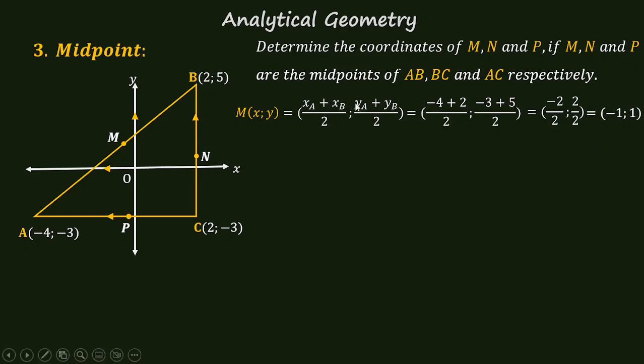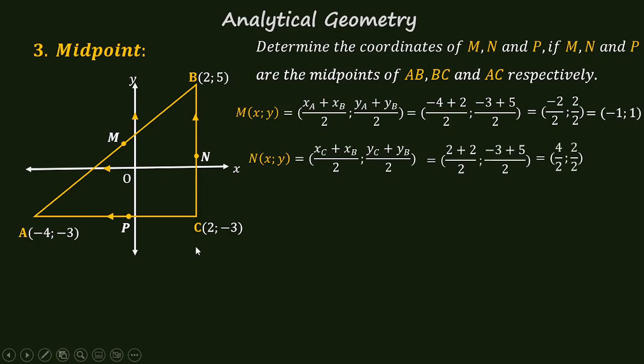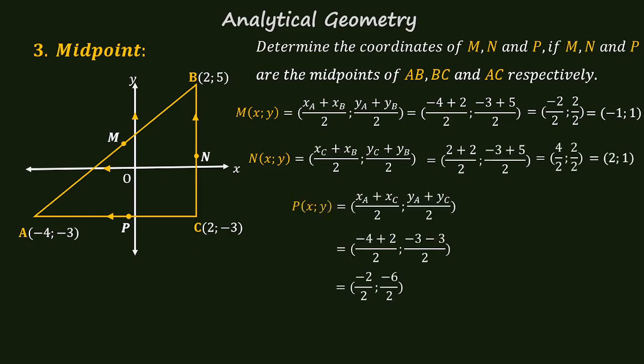In this case, the average that we got is minus 1 and 1, which are the coordinates of the point M. We'll do the same with BC and the same with AC to find 2 and 1, and then also minus 1 and minus 3. So this is how you would find the midpoint between 2 points, or the midpoint of a straight line.